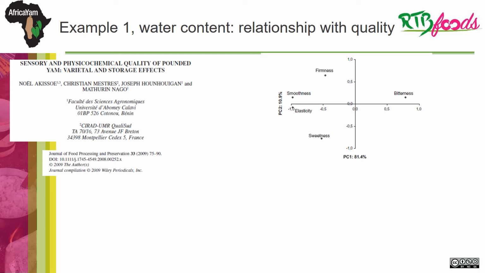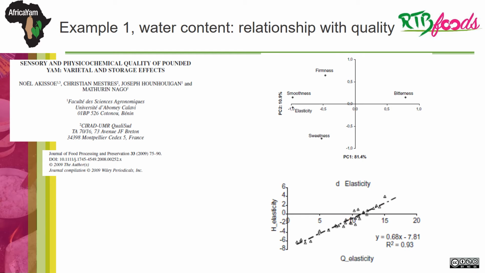This is smoothness and elasticity, and on the right side of the PCA, the bitterness. And if you look mainly at the elasticity, they also established the relationship between the QDA score for elasticity and the hedonic score. For a hedonic score over 0, which is appreciated by consumers, you should have a QDA score for elasticity over 10.